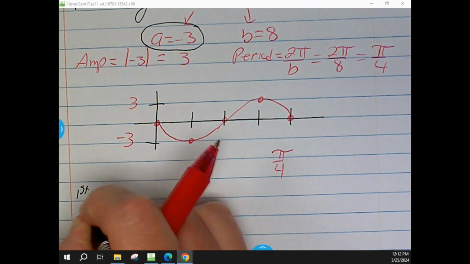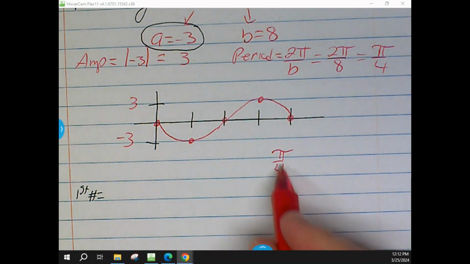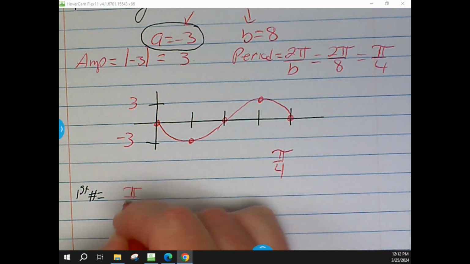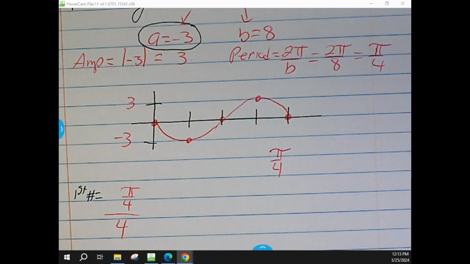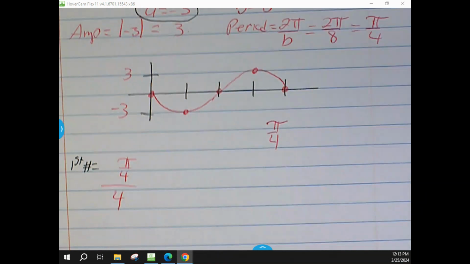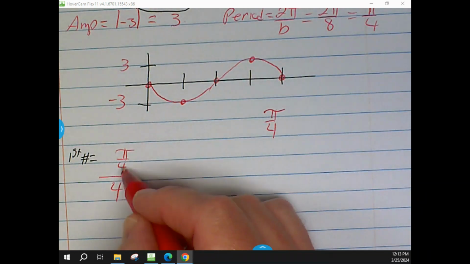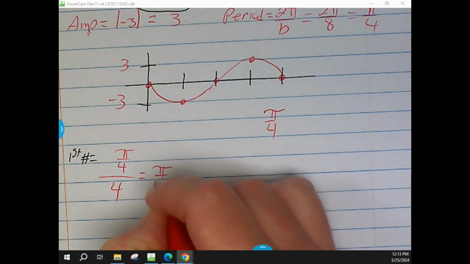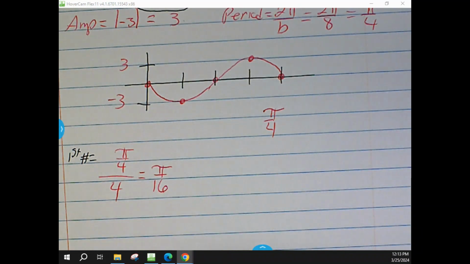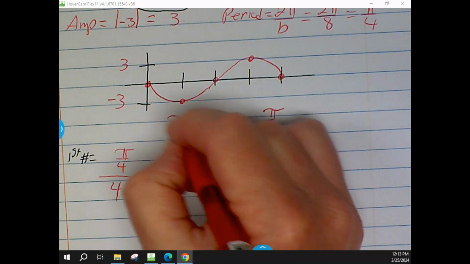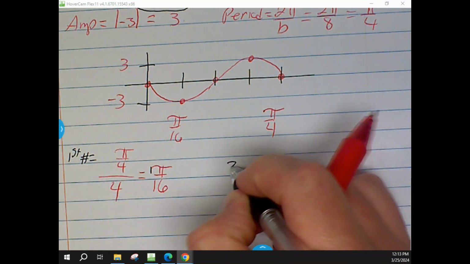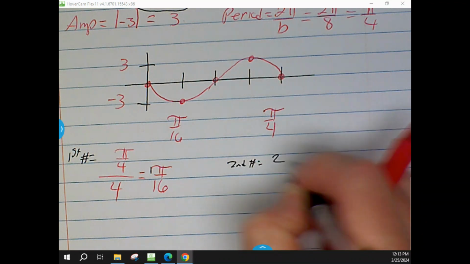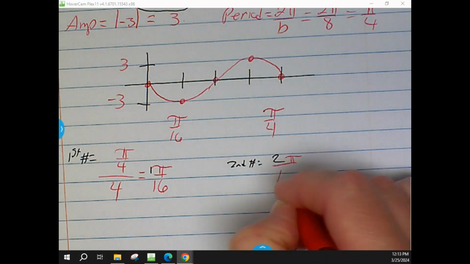All right, and to get the first number, here's going to be a trick on this one, because now this one's a fraction. It hasn't been a fraction before. So it's going to be pi over 4 over 4. If it's pi over 4 over 4, here's the shortcut: you can just multiply these two denominators together and make it pi over 16. So again, the first number is going to be 1 pi over 16, or just pi over 16. The second number is going to be 2 pi over 16.